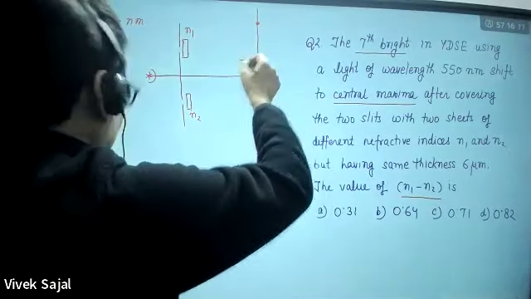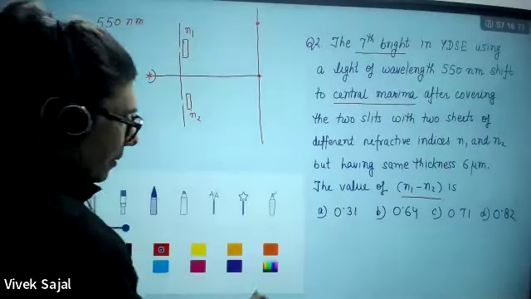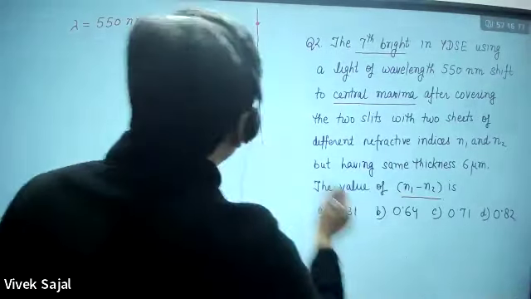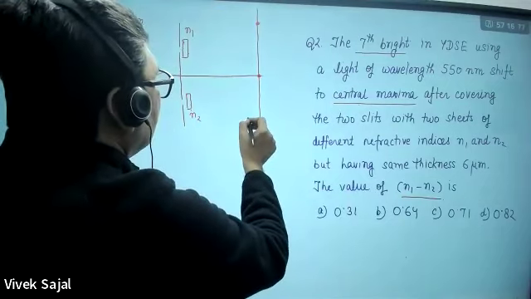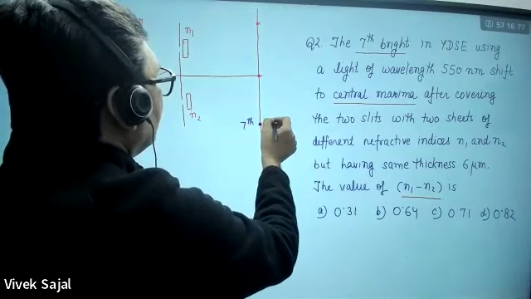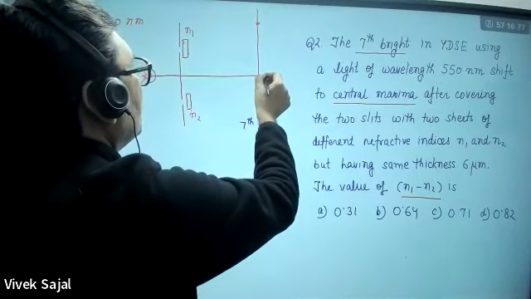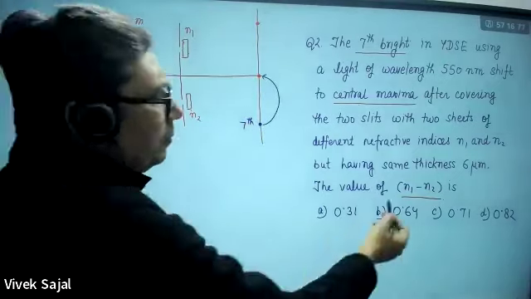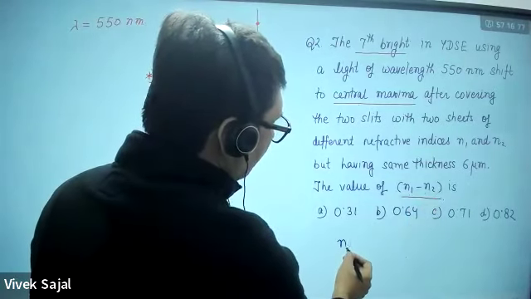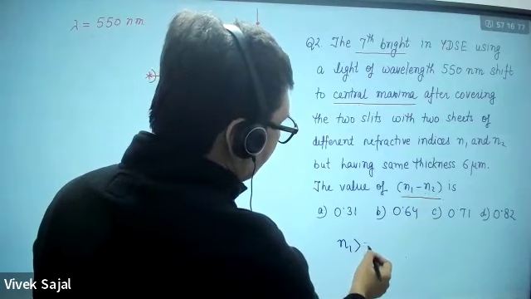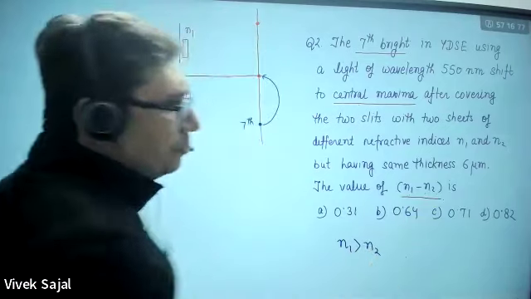I should say that there was a seventh maxima here, and this seventh maxima is shifted to the position of the central maxima. Why? Because they are asking me to calculate N1 minus N2, so I'm assuming that N1 is greater than N2. Okay? I'm just assuming this.